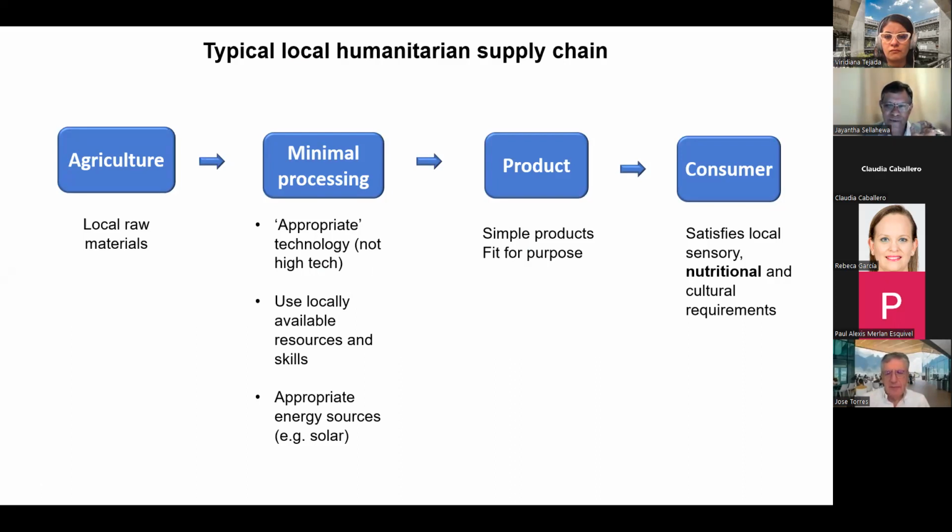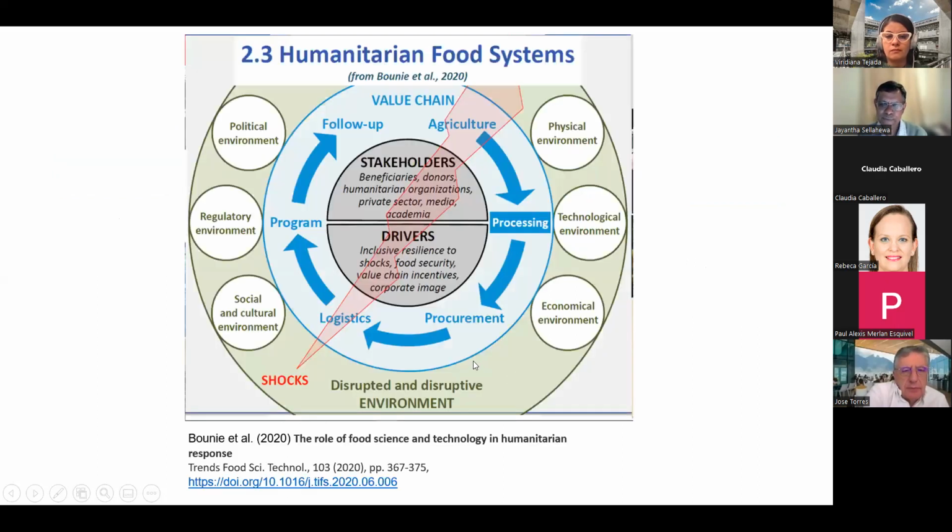In the humanitarian context, what's more important is the appropriateness of the technology, not high tech or market driven. We have to make sure that local resources are used, and even energy, because they may not have access to electricity. And the product has to be simple and fit for purpose. And we still have to fulfill the consumer needs, particularly the nutritional needs.